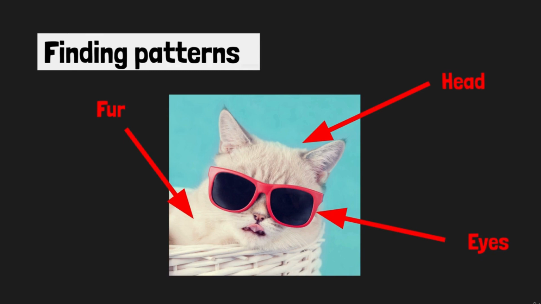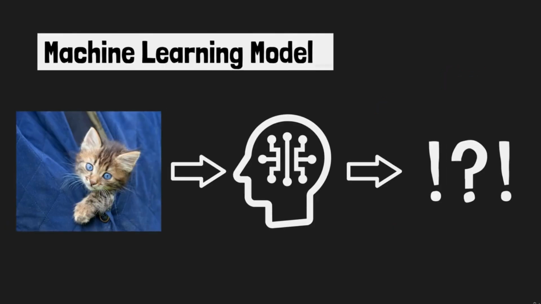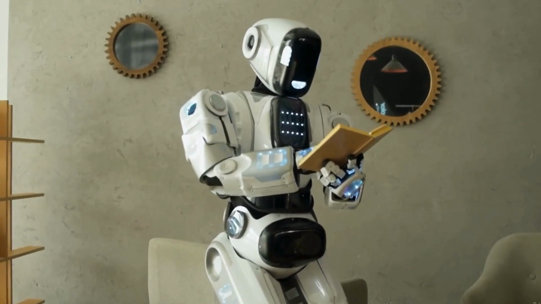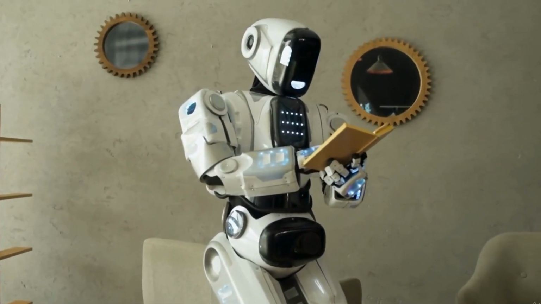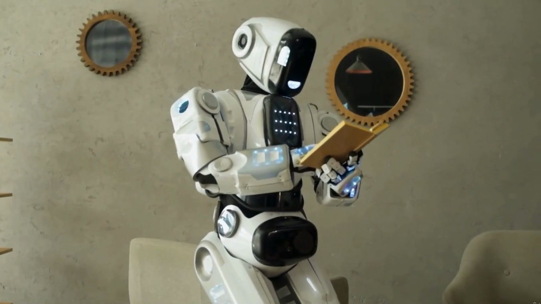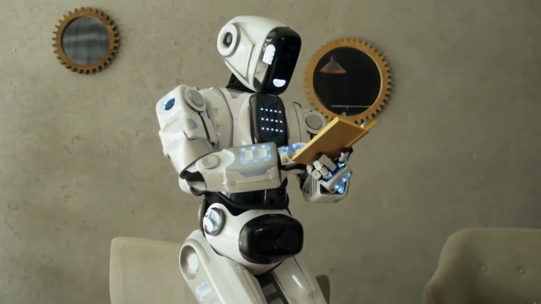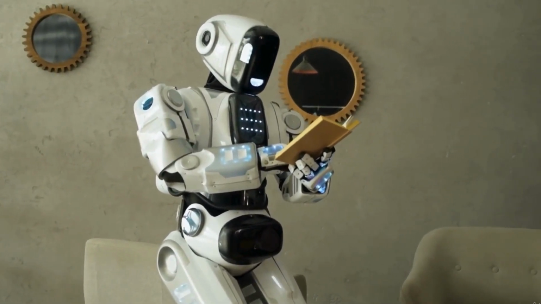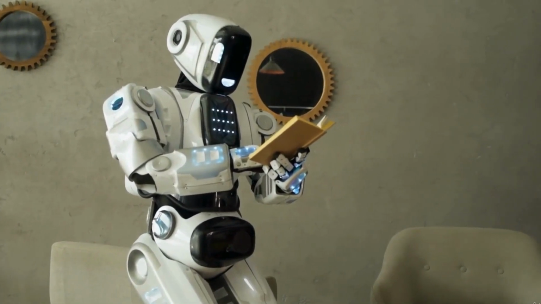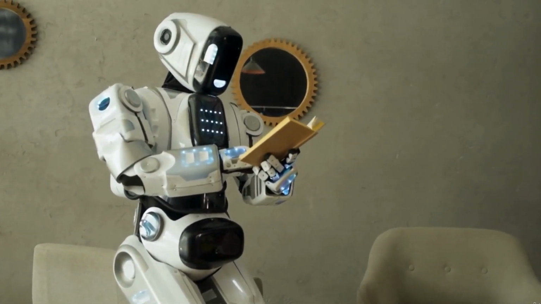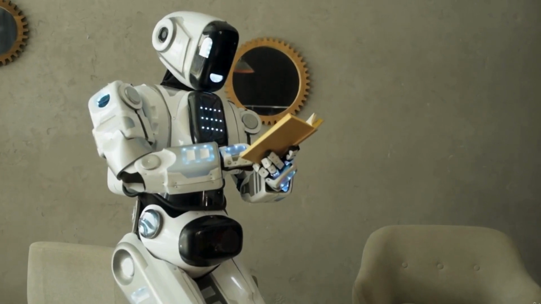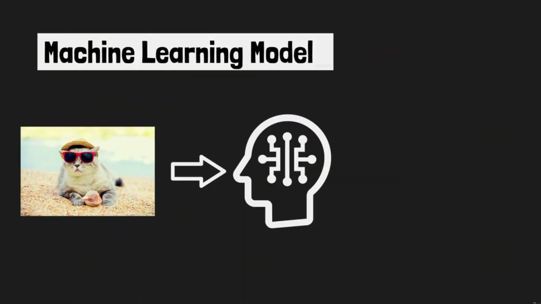Initially, our model is dumb. Training is like going to school and learning. The model is learning based on the way the algorithm has been created. The output of this training is a model. This is what the algorithm has learned from the training data. If you provide a new and unseen image, the model should now be able to tell if the image provided is a cat or a dog.